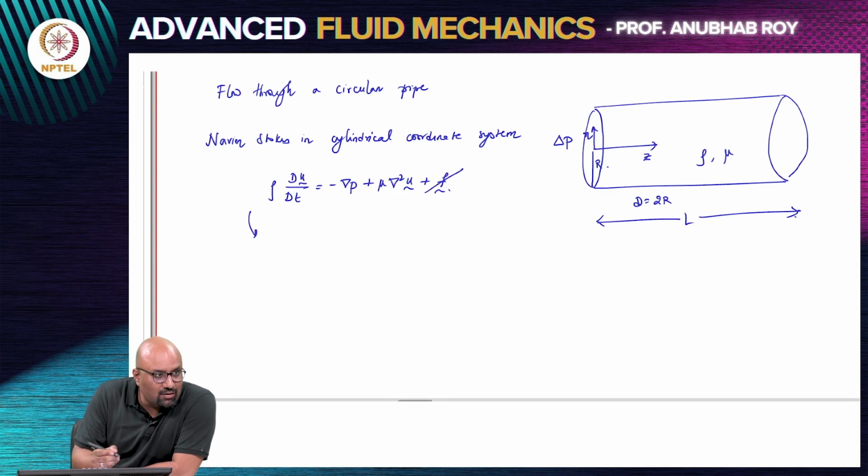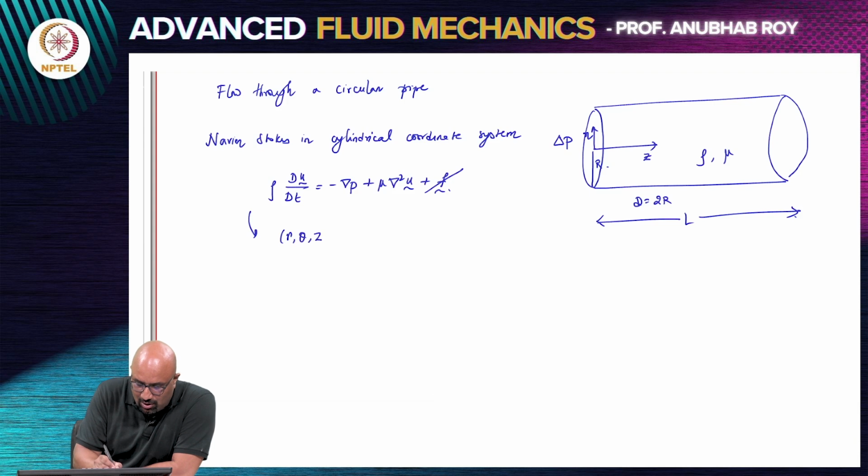Now if you were to think of the problem in terms of how it is for Cartesian coordinate system, you are saying that okay, I have a component that is r theta z, where the velocities are ur, u theta, uz.